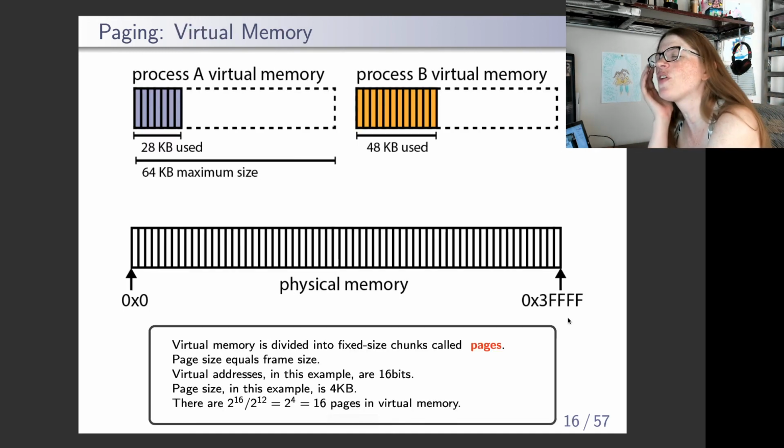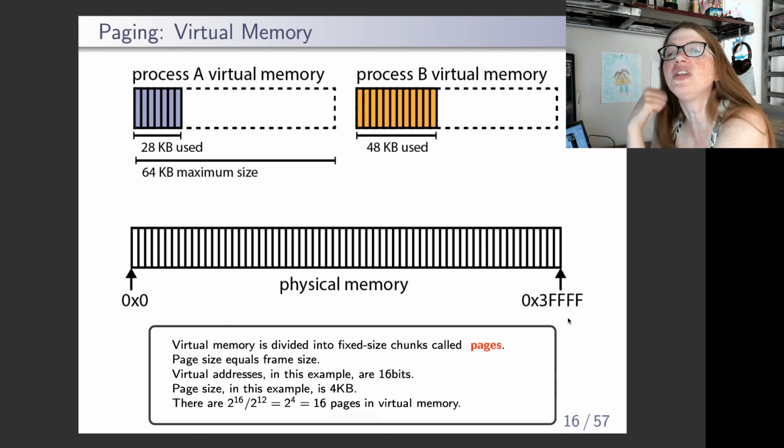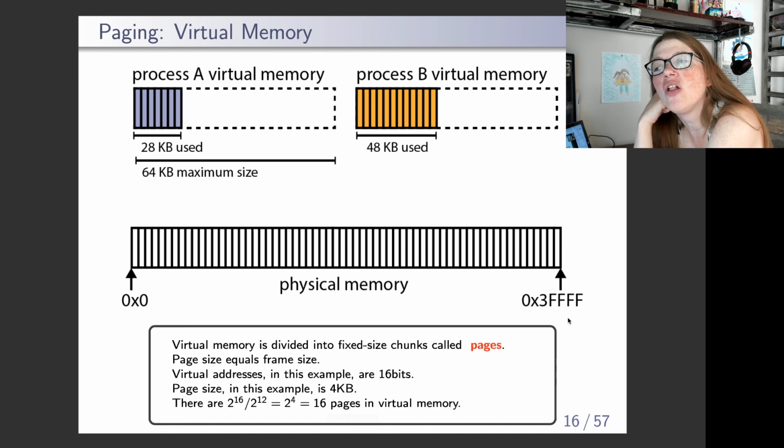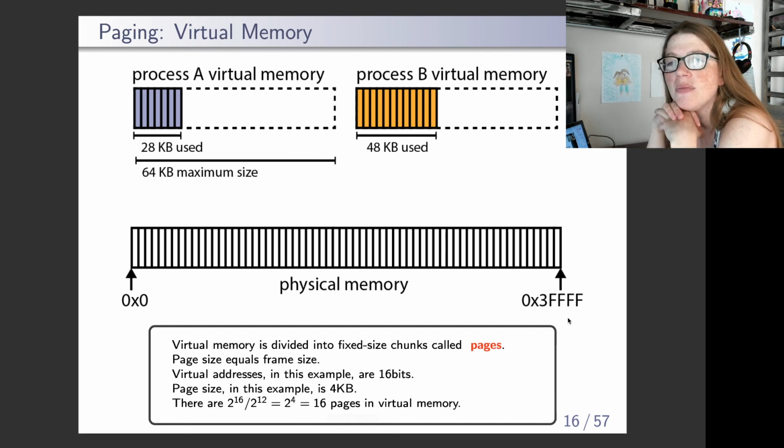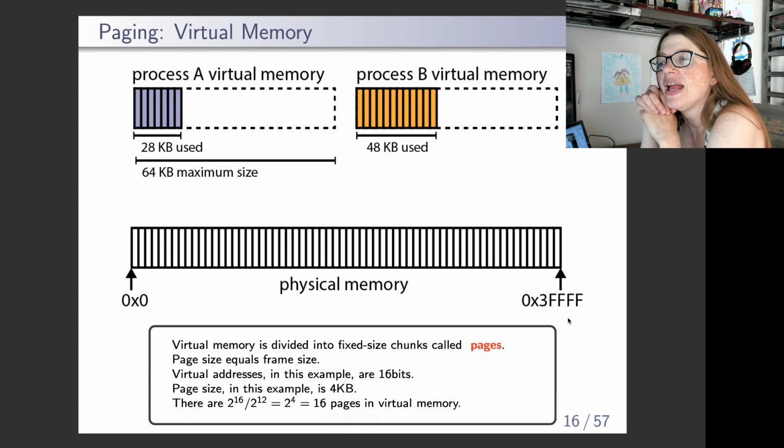Well, let's take it a step further, because then I could have a problem where I'm allocating 5 frames versus 6 frames, and I could still end up with fragmentation. What if I only allow allocations that are single frames in size? So I never allow contiguous blocks of frames. How would we do this with virtual memory? Well, just like we've subdivided physical memory, we're going to subdivide virtual memory into equal sized pages, such that the pages and frames are the same size.